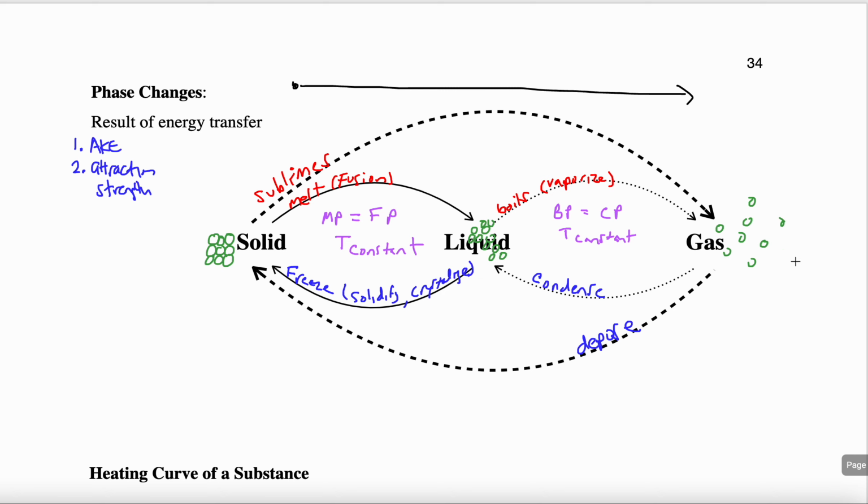No touching, no order, complete freedom. So the average kinetic energy as a sample changes from solid to liquid to gas, we see an increase in that average kinetic energy. We see that the particles, they gain more freedom in their movement, which means we have an increase in the movement or ability to move.